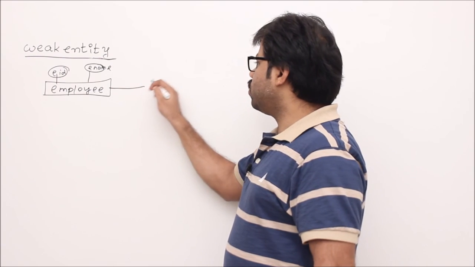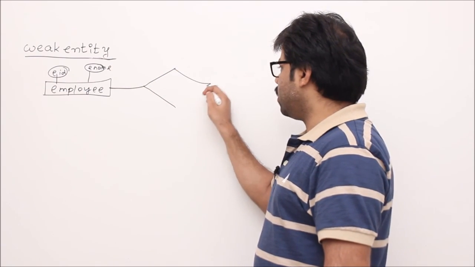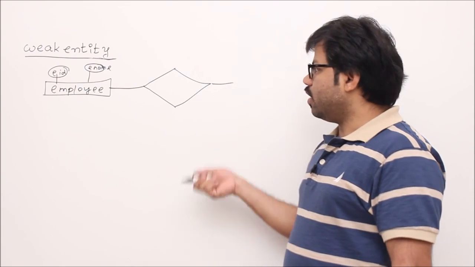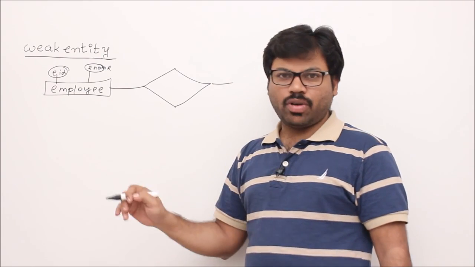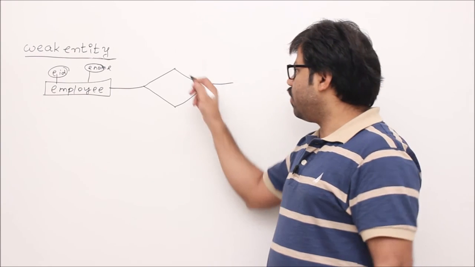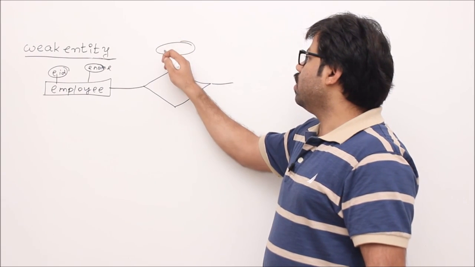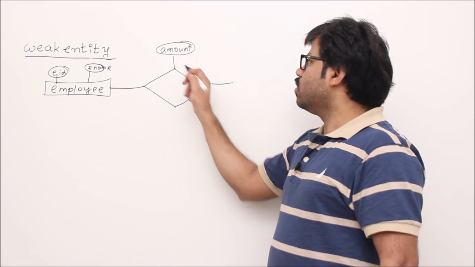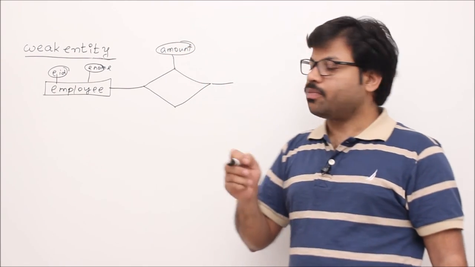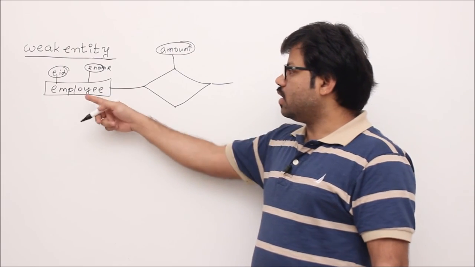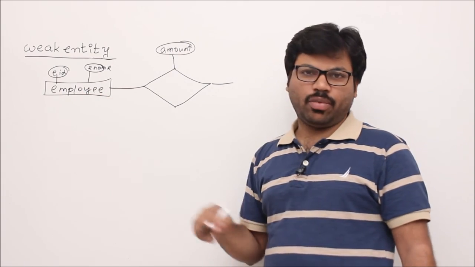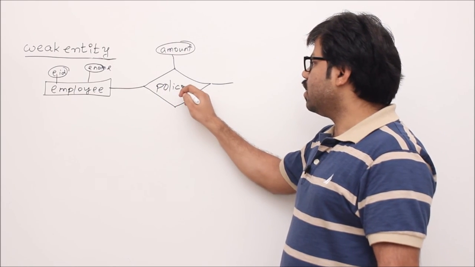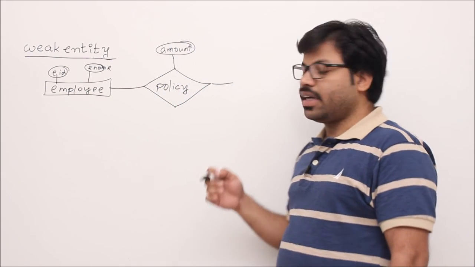Whenever this employee takes a policy, there will be an amount, right? How much amount he is going to pay for the policy, or what is the total amount he is going to get once something happens to that employee. So such a policy is a relationship, because it is not a separate entity.